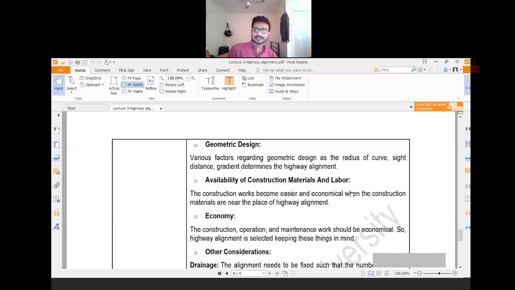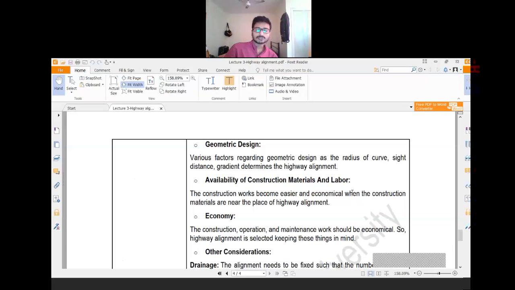Then availability of construction materials and labor. This is again very important, whether the construction materials and labor are available or not. So if they are not available, in that case, what will happen? Your transportation cost will be more.